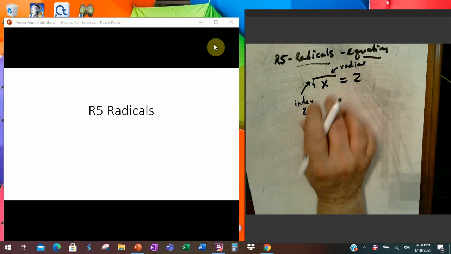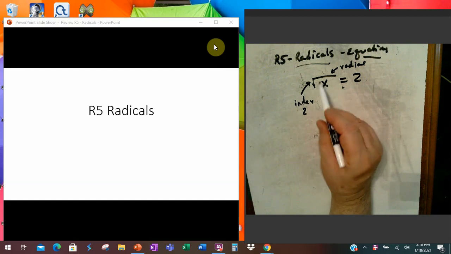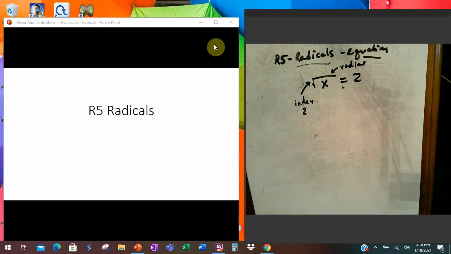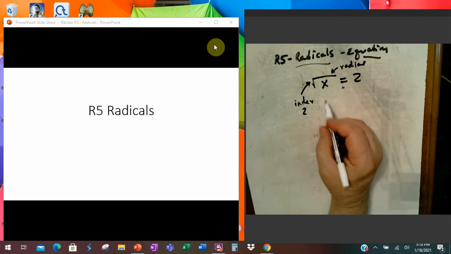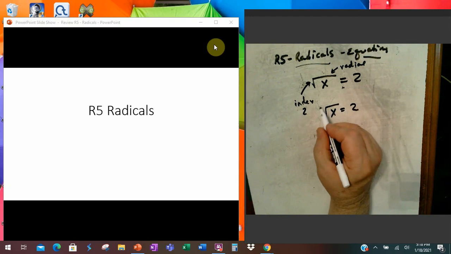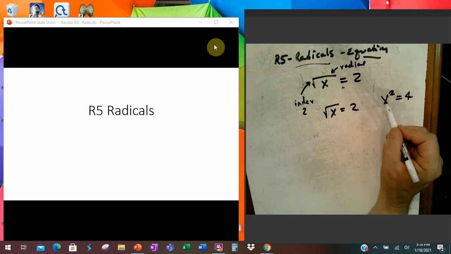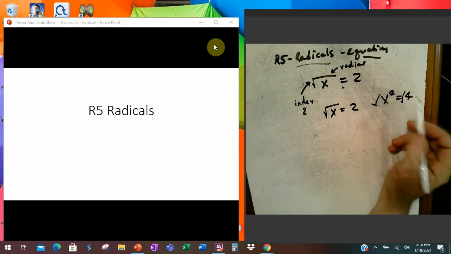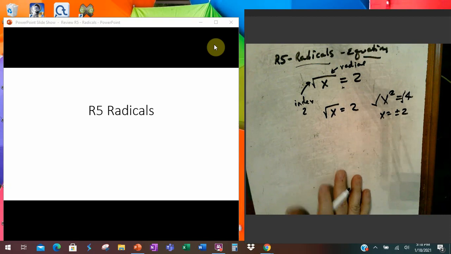So I want to look at solving equations. This makes it an equation when I set it equal, and I'm looking for things where the variable is underneath the radical or inside the radical. Basically, just like I had before, if I had x squared is equal to 4, I took the square root of both sides, plus and minus, so I had that as a solution.